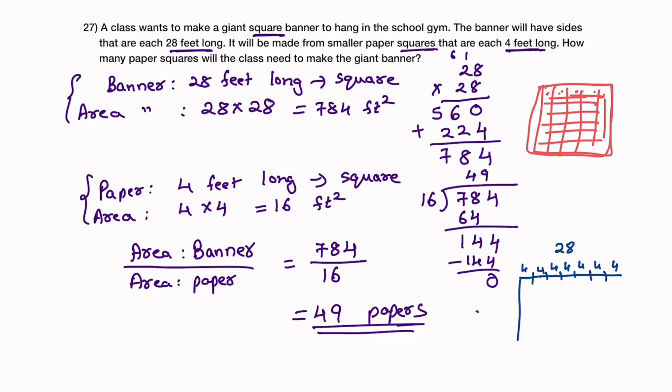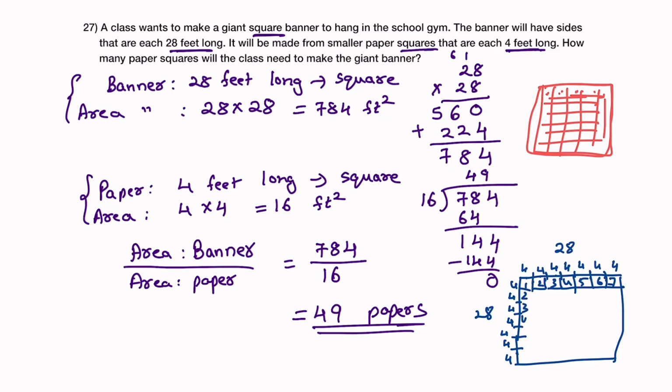And equally here it's 28, right? So again, 4, 1, 2, 3, 4, 5, 6, and that's 7. So likewise, you have here 7 pieces this way also.